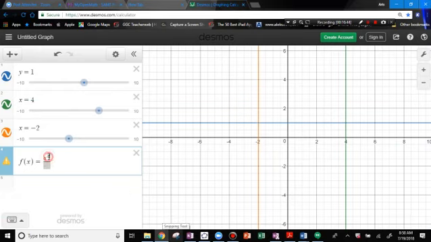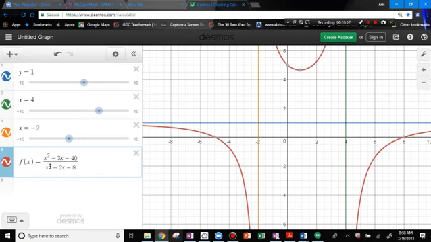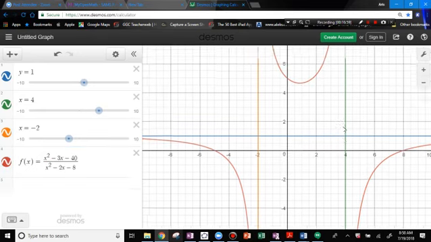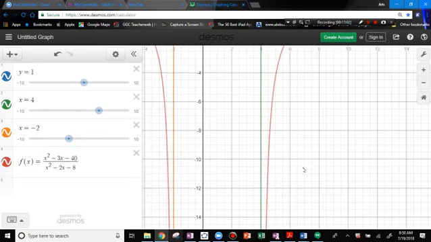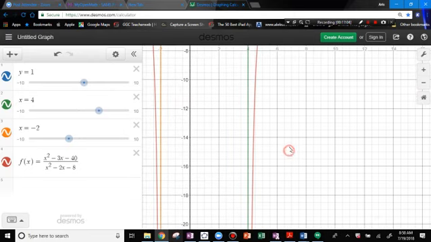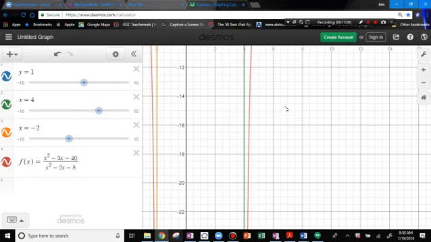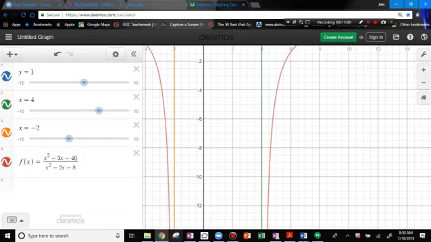X squared minus 3x minus 40 all over x squared minus 2x minus 8. At 4, the limit from the right, negative infinity.